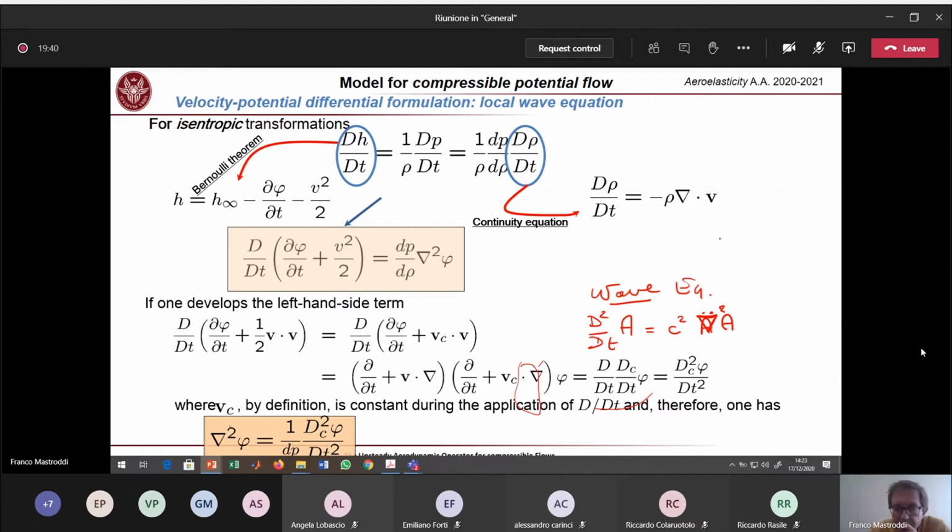What I mean is the following: if you take the derivative of 1 x squared, you have 2 by x, and you have x as derivative.